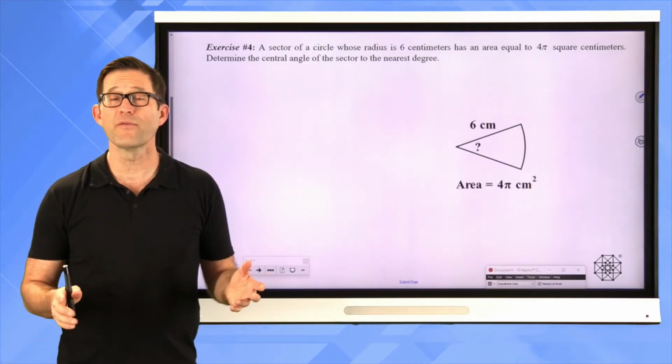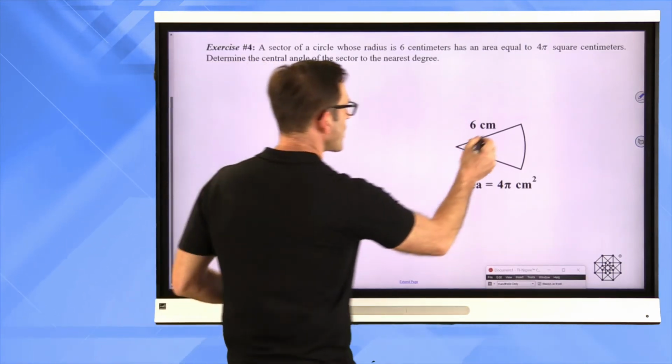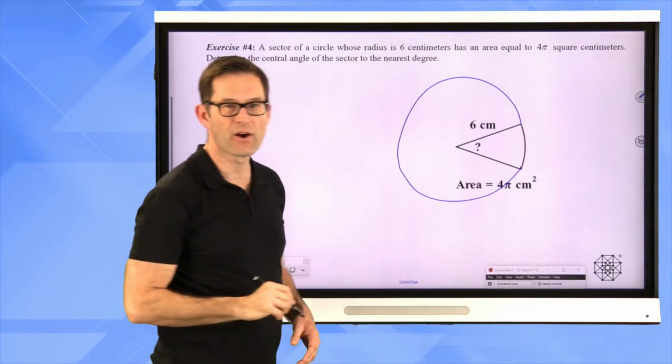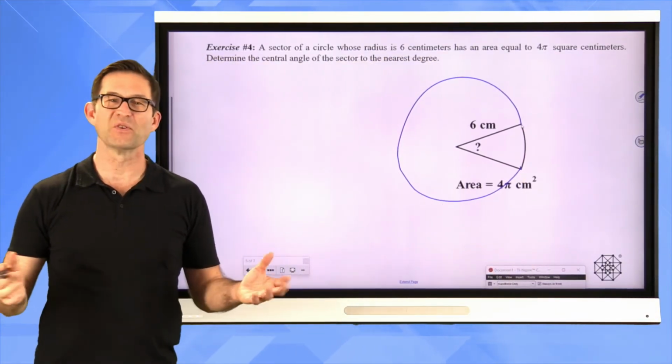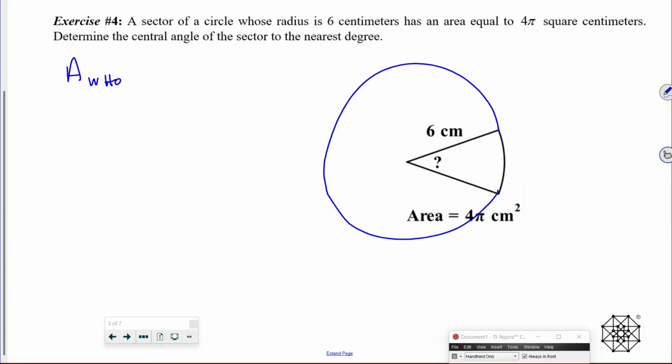All right, well, just like before, where I'd like to start is by thinking about the whole circle. Not just part of it, but the whole thing. And there is just my terrible picture of a circle. That's okay. So the area of the whole circle would be equal to pi times 6 squared, or 36 pi.